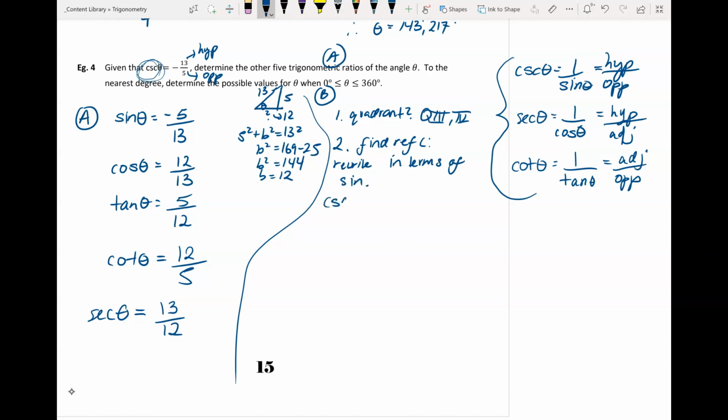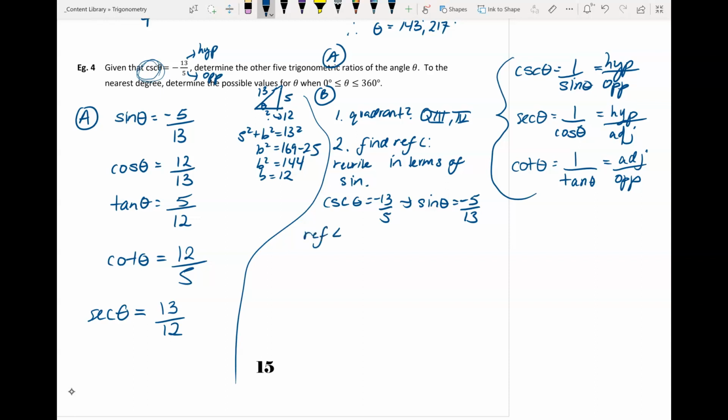So cosecant theta is negative 13 over 5. And if you look at how we rewrote this in sine, just on part A, we determined that sine theta is negative 5 over 13. So that's what we're going to use to help us find the reference angle. We're going to use this sine version of it.